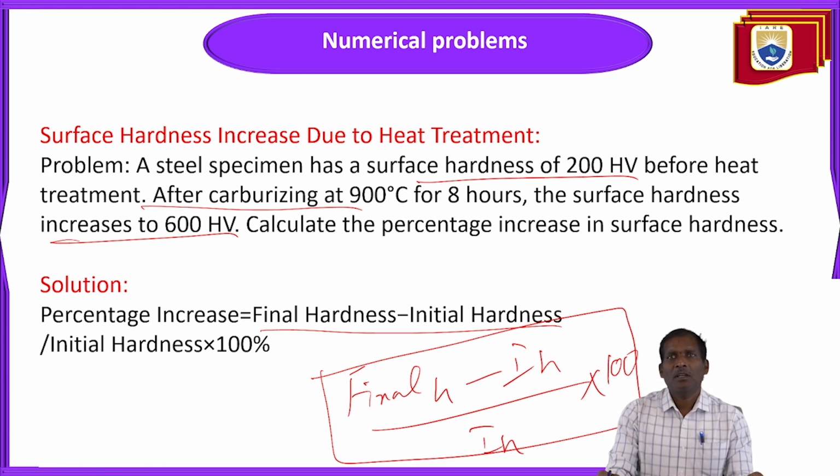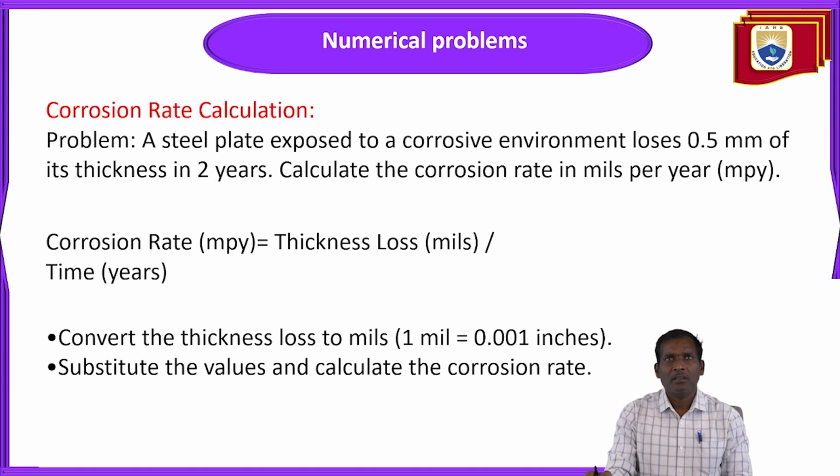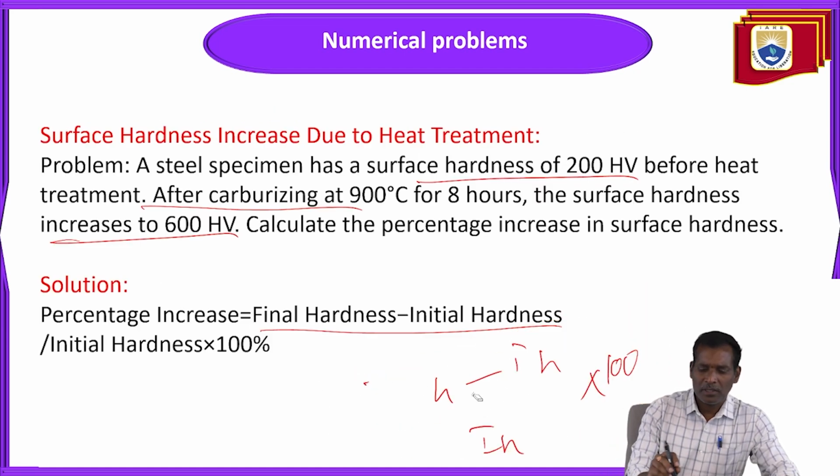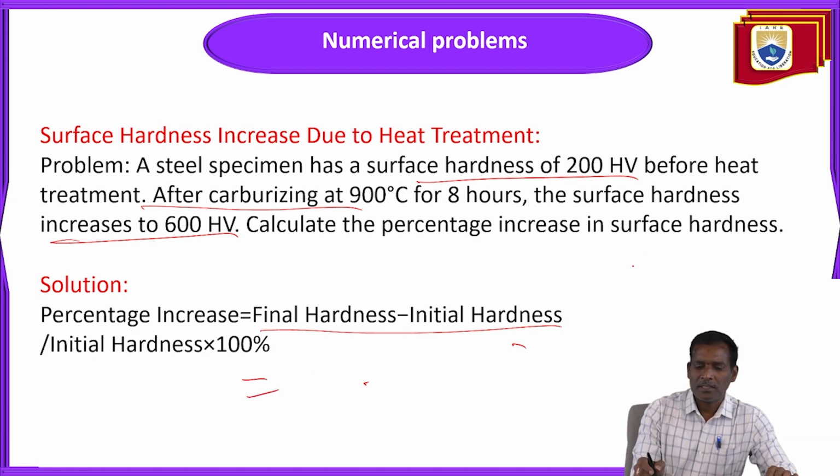Now see, substitute the given values. The final hardness after carburizing for 8 hours is 600 HV, and the initial hardness is 200.